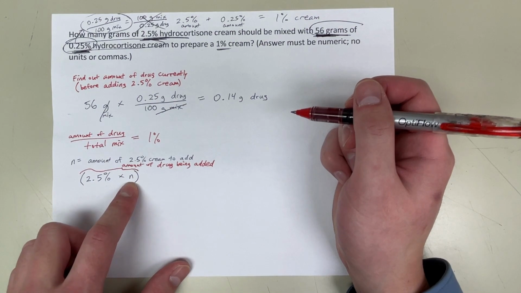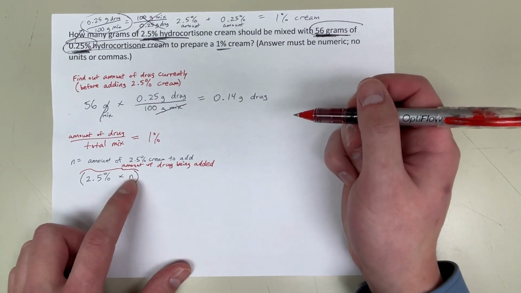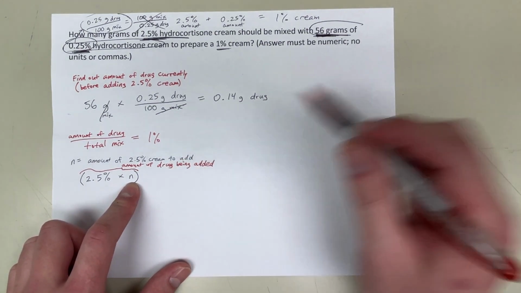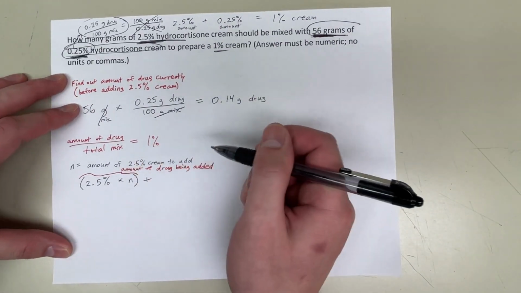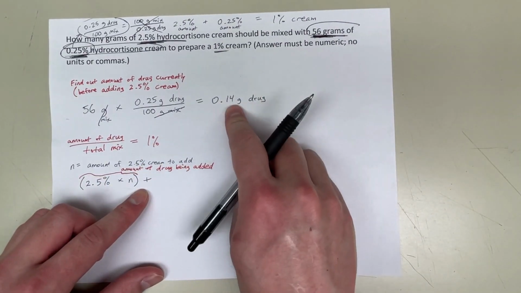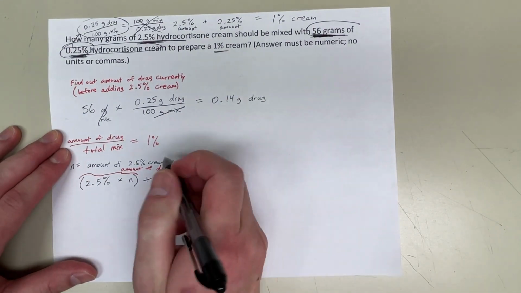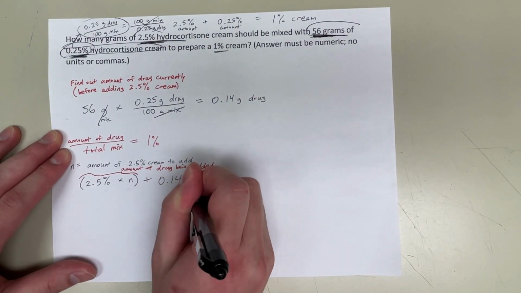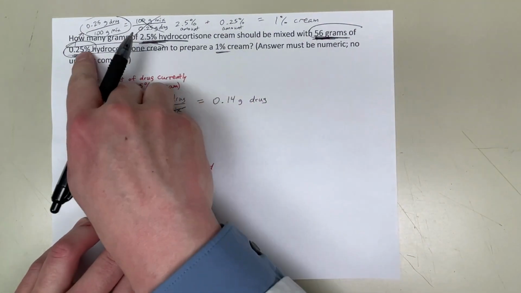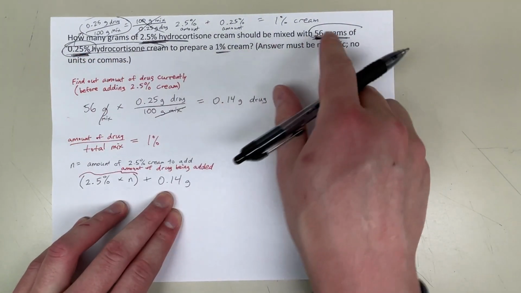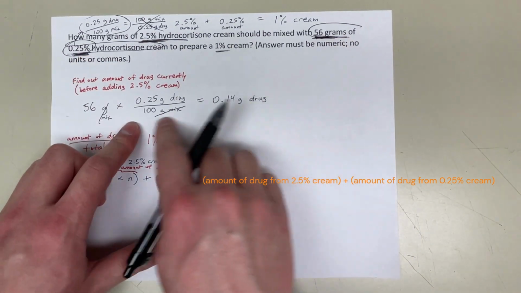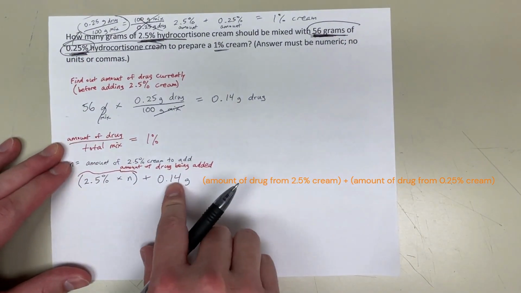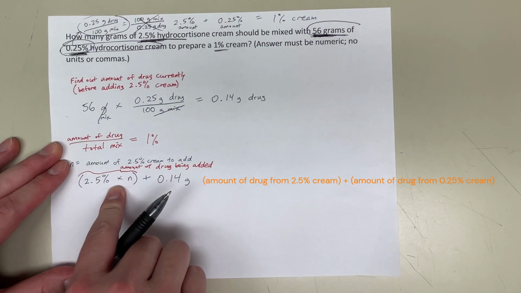We don't know the value of N. This N represents the amount of the cream to add. We don't know how much to add so far. And then add that to what we already know, which we calculated to be 0.14 grams of drug. That's from the 56 grams of the 0.25% cream, which I calculated earlier. That's why it's here, added to this unknown amount.